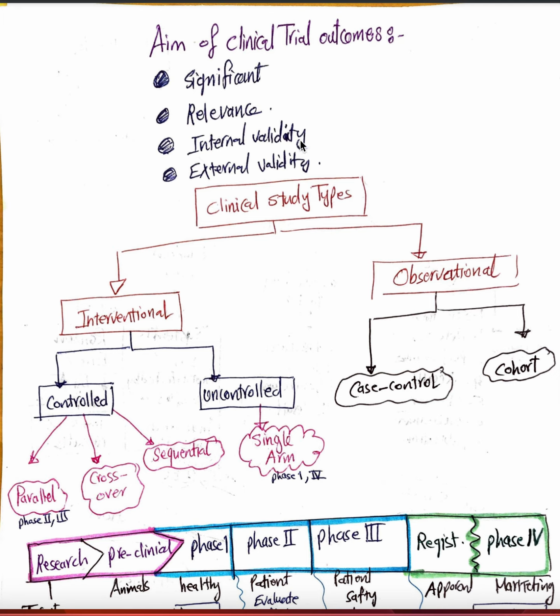Internal validity means the accuracy of the measurement that we use. And external validity, generalizability, means how the effect applies to the whole population, not a smaller group.